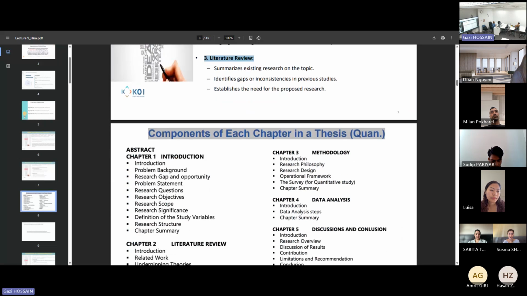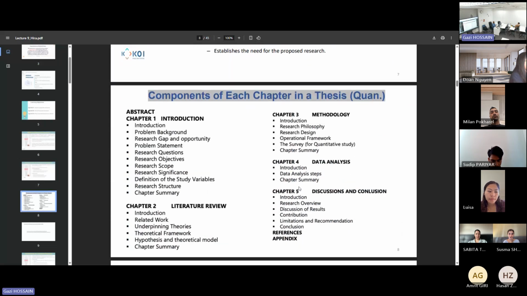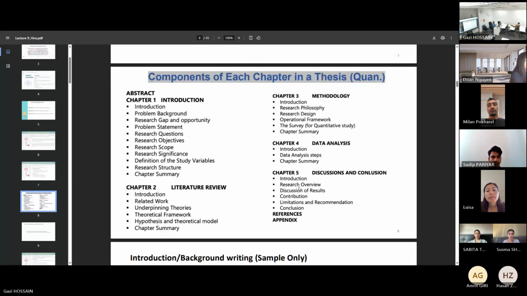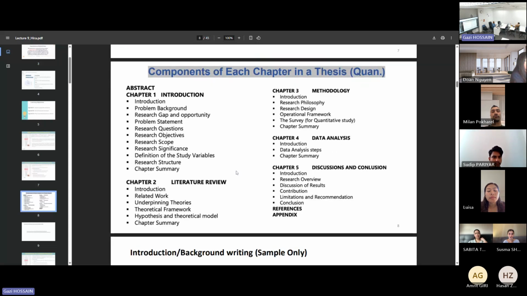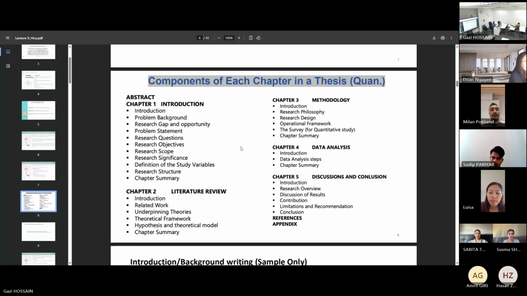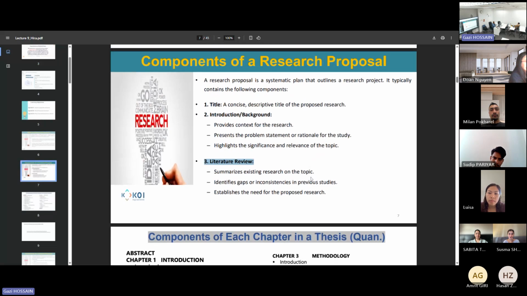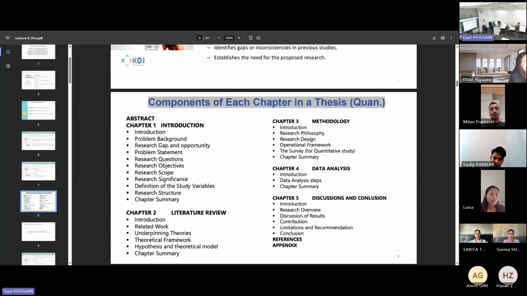Next, you can see the components of each chapter in a thesis. This is not a proposal, it suddenly went to a thesis, but we have been talking about a proposal.